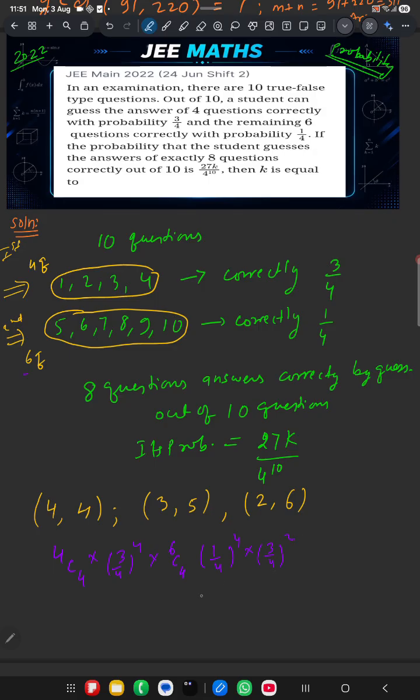Okay, next, from the first group we are selecting 4C3, and 3 correct means 3 upon 4 power 3, 1 wrong, so 1 upon 4 power 1, and then 6C5, which means 5 correct with probability 1 by 4 in the second group, and 1 is wrong, so its probability will be 3 by 4 power 1.